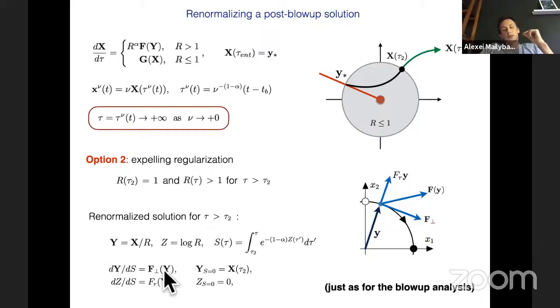So it's an equation for y, and y is on a sphere. So it's a smooth dynamical system on a sphere. And then there is a slave equation which only depends on y and gives you z. So this gives you the logarithm of the distance from the singularity. And then by integrating this slave variable, we obtain time s.